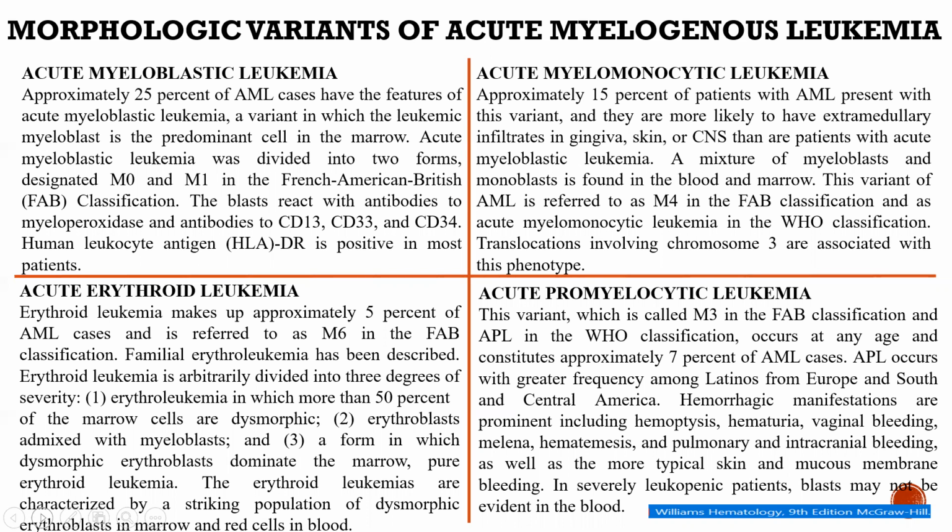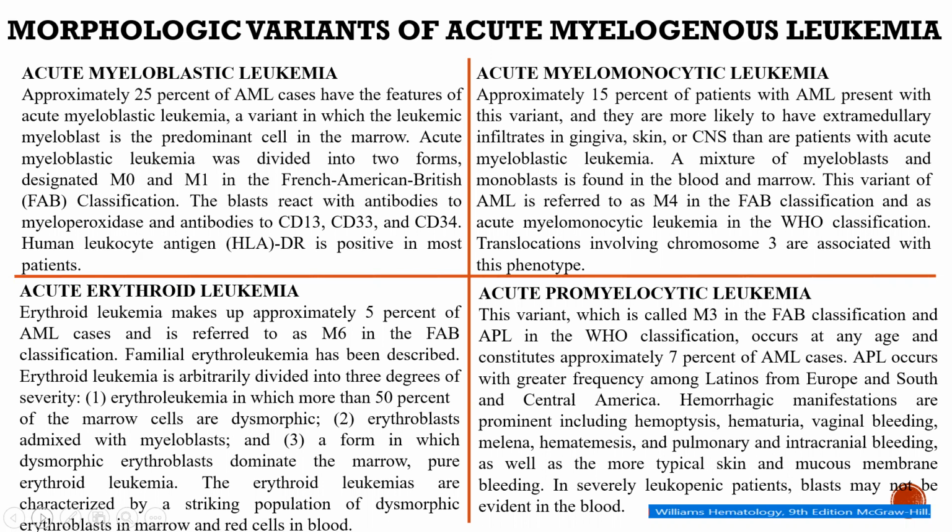Acute promyelocytic leukemia, called type M3 in the morphological classification and acute promyelocytic leukemia in the WHO classification, occurs at any age and constitutes approximately 7% of all leukemia cases. It occurs with greater frequency among Latinos from Europe and South and Central America.